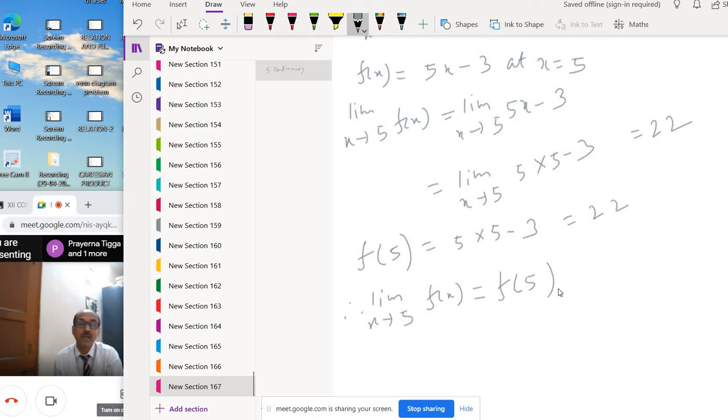The limiting value equals the direct value at that point, both are 22. Okay, both are the same. So hence the function f(x) is continuous at x equal to 5.